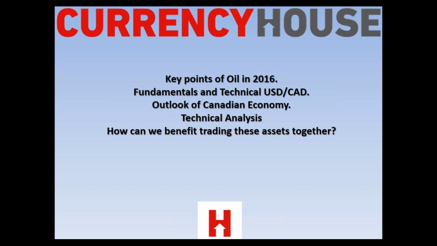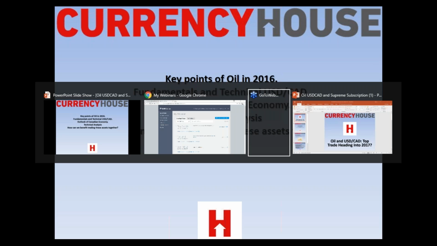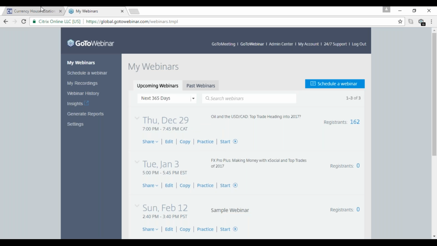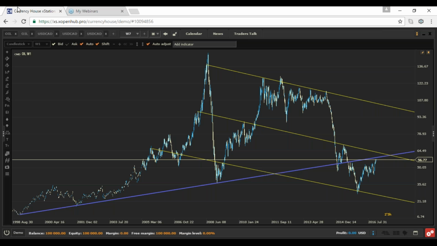Let's switch to the platform and open up a couple of interesting charts. First of all, we have to open a long-term chart of oil. You can see here a weekly chart.